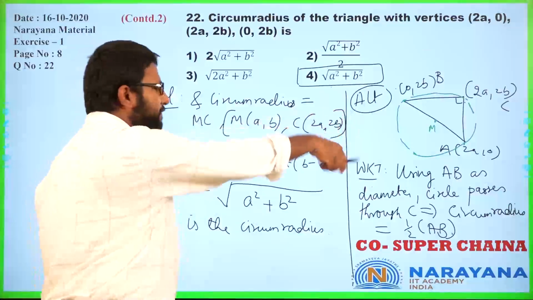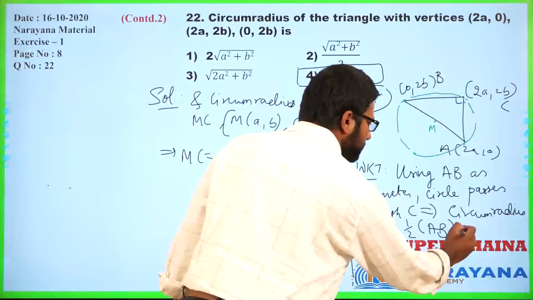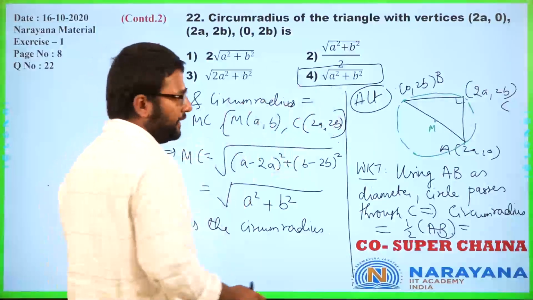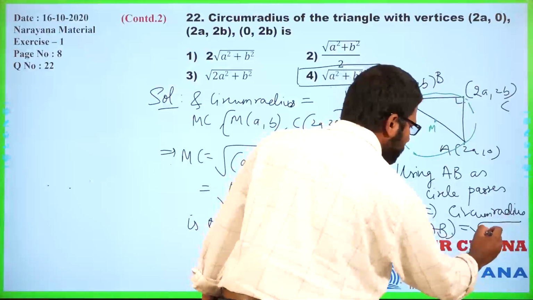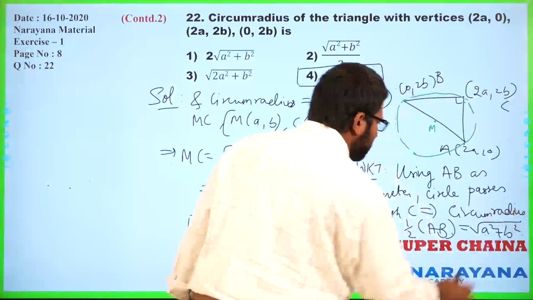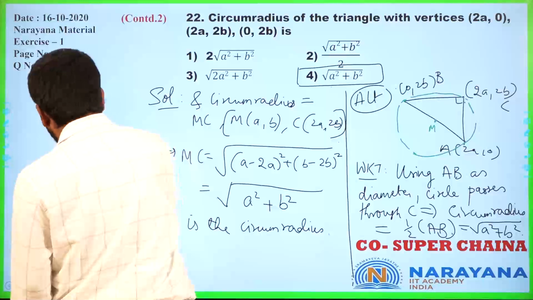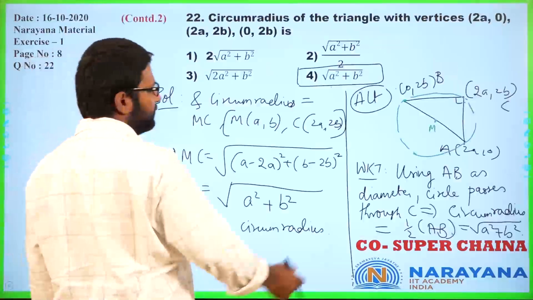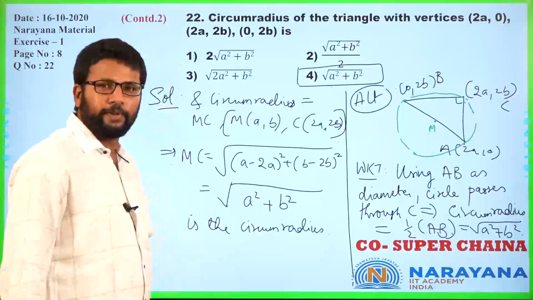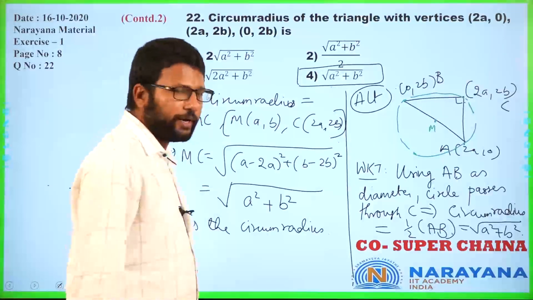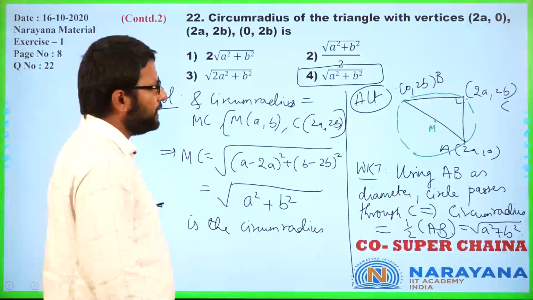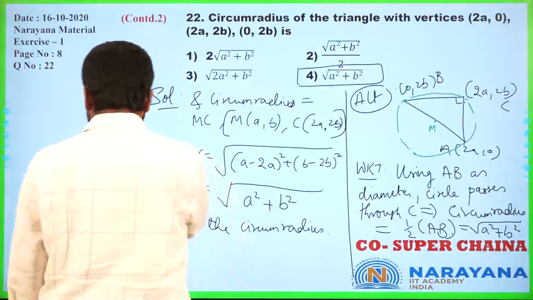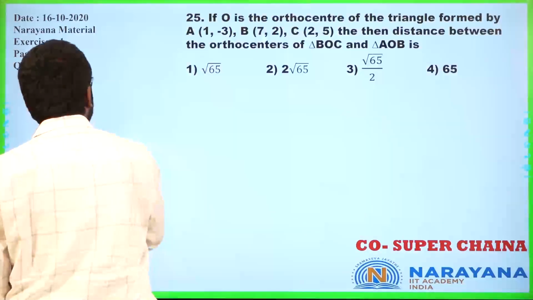If that is the diameter, half of that is the circumradius, which if you calculate it will turn out to be the square root of a square plus b square. I am doing this because there is no space, but you understand what I am doing. Okay, so your answer is root a square plus b square. All right, let us proceed.